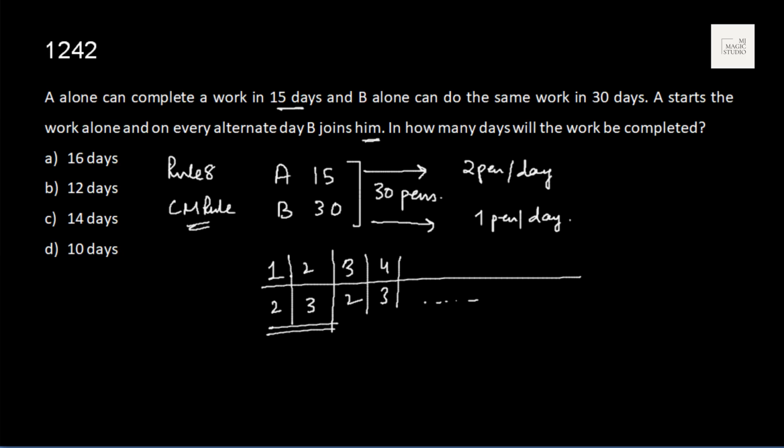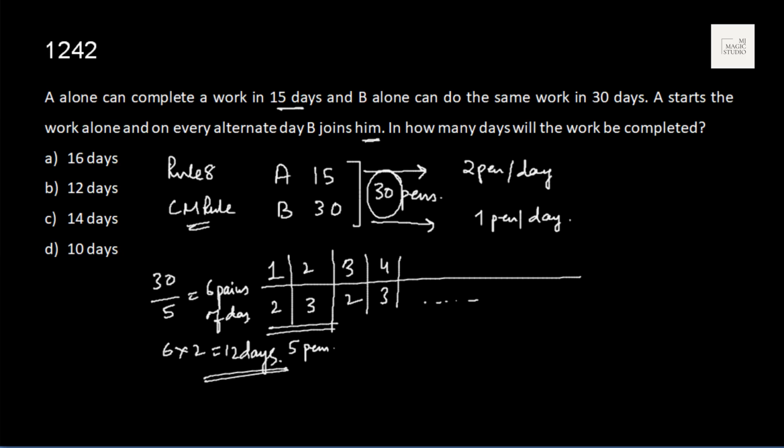So here we can see that in 2 days, 5 pens are produced, and we need to produce 30 pens. So 30 by 5 is 6 pairs of days. 6 pairs of days means 6 into 2, that is 12 days are required to complete the work if they are working in this particular fashion. Option B is the answer.